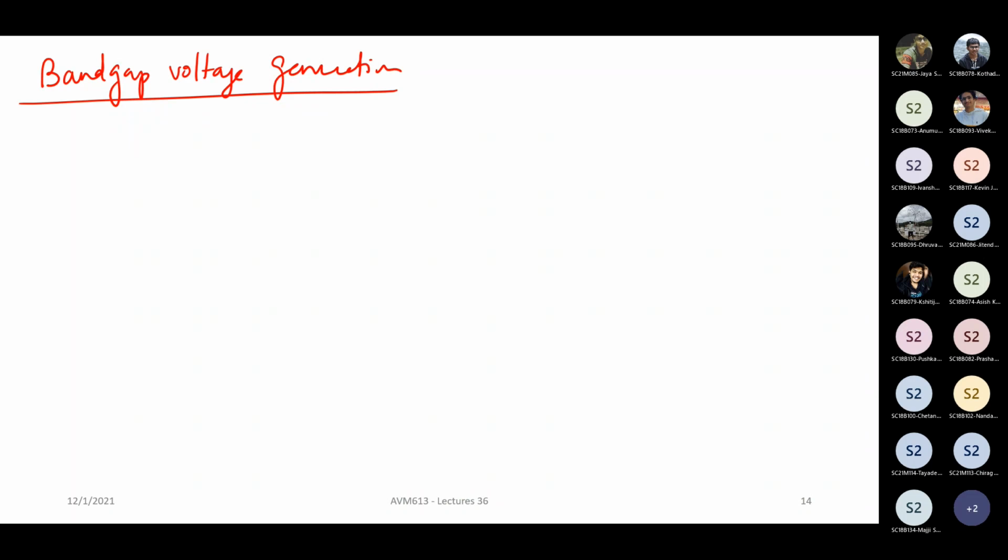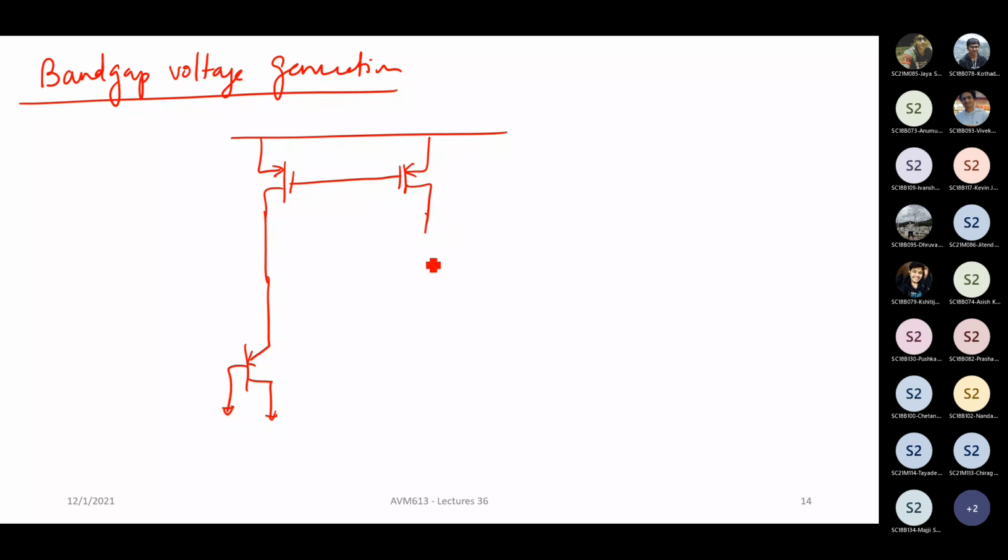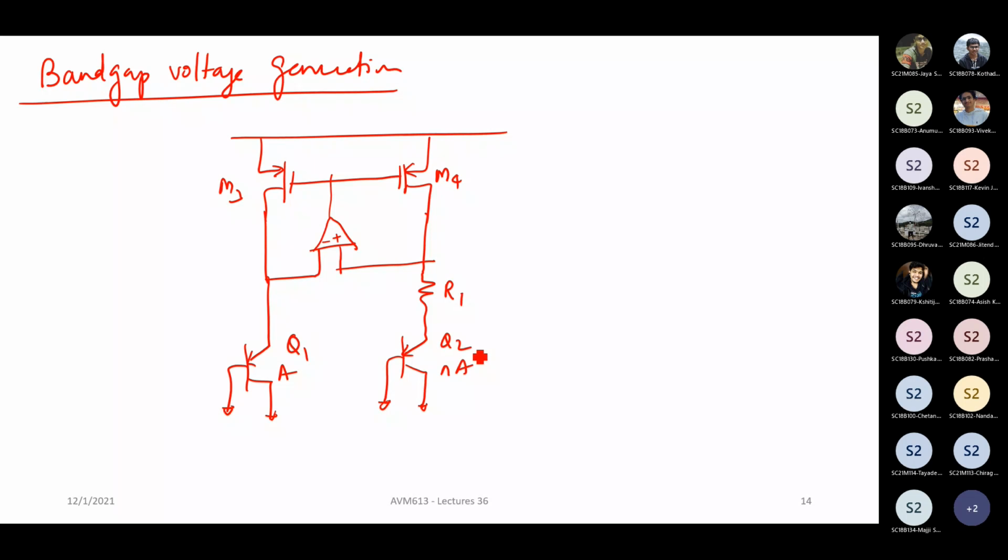What you basically do is take the same PTAT core, and here, of course, you have your plus and minus. Now, this core is the same. Let's call this R1. This is A and this is N times A. Let's say this is Q1, this is Q2. So this current, if you mirror, becomes a PTAT current.